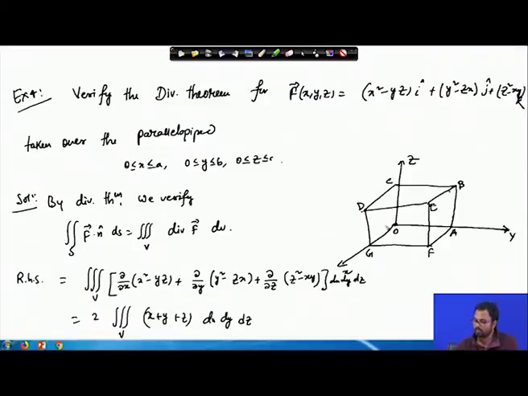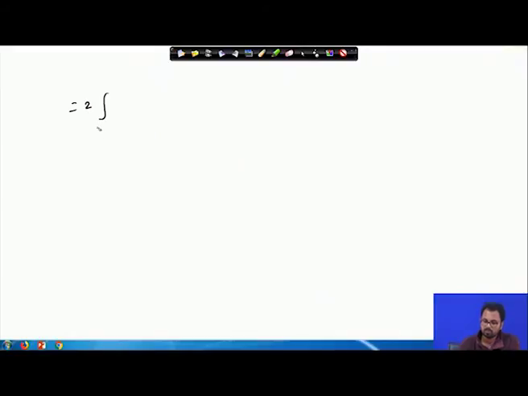Now, x is varying from 0 to a, y is varying from 0 to b and z is varying from 0 to c. So, I can write those limits: integral of x from 0 to a, y from 0 to b, and z from 0 to c, of (x plus y plus z) dx dy dz.